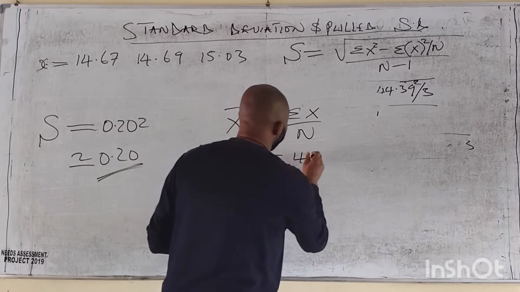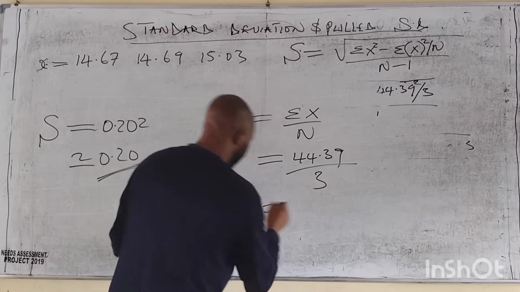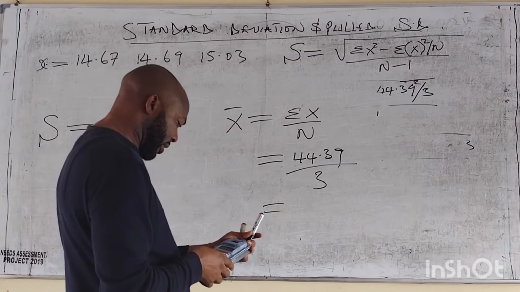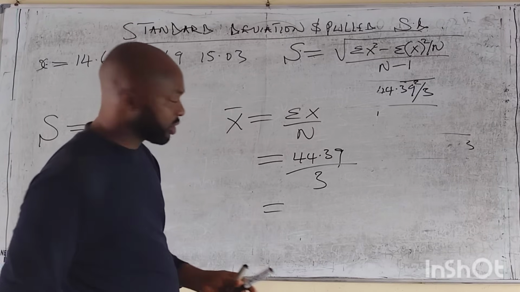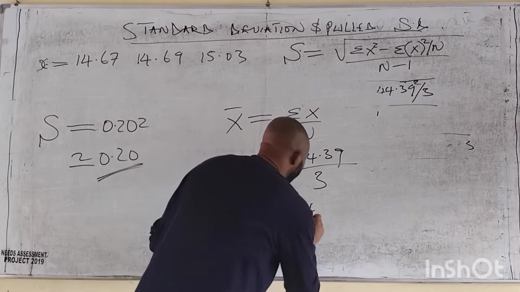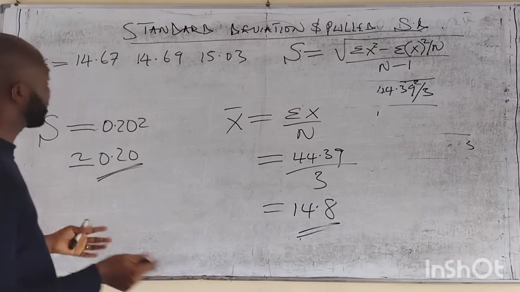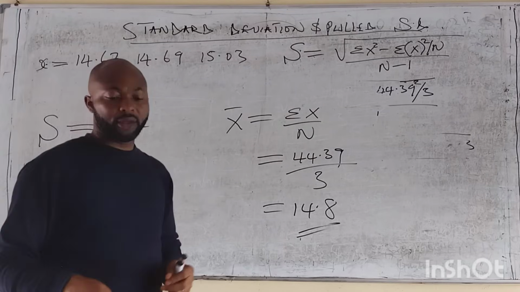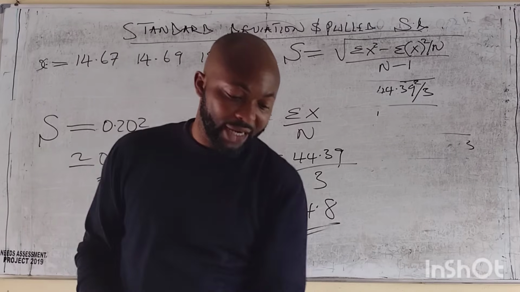The degree of freedom is 3, and if I divide that by 3, I have 14.8 approximately. So by this, so far we've gotten our standard deviation and the mean. We'll take other questions before we go to full standard deviation.